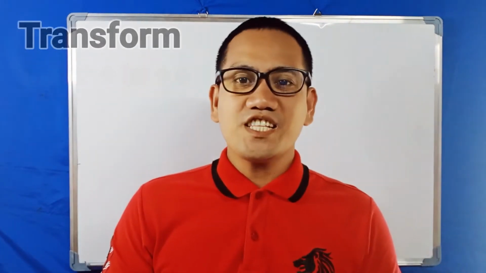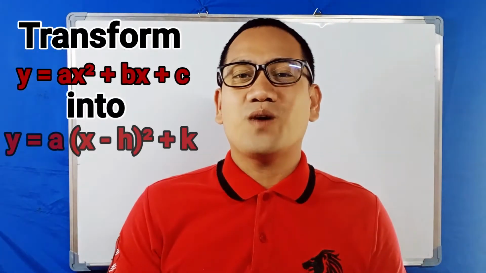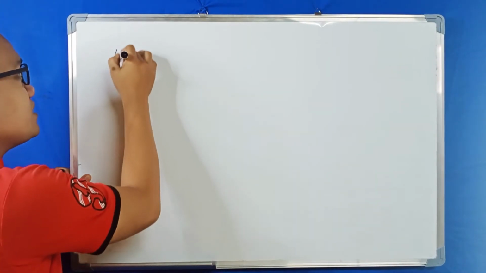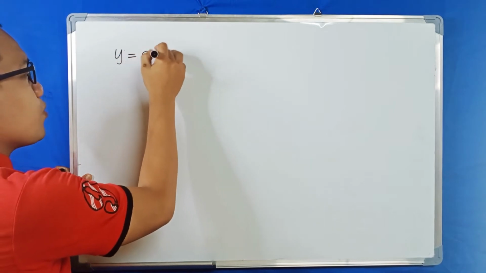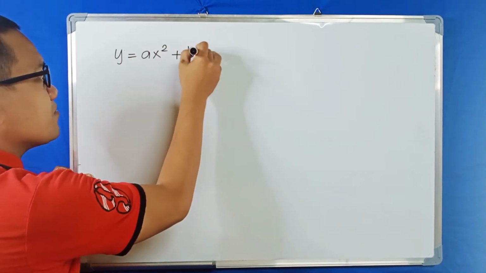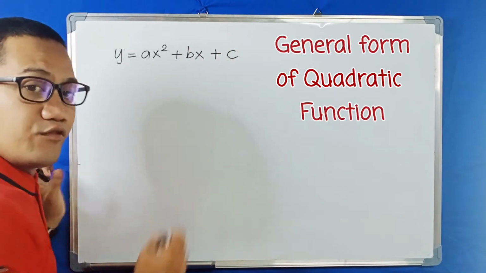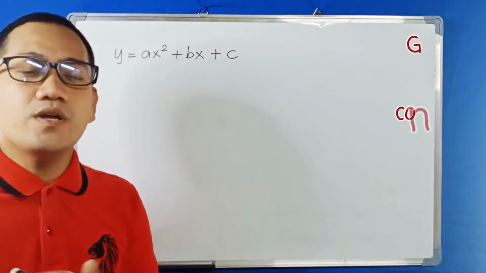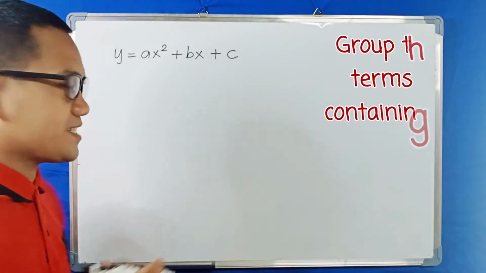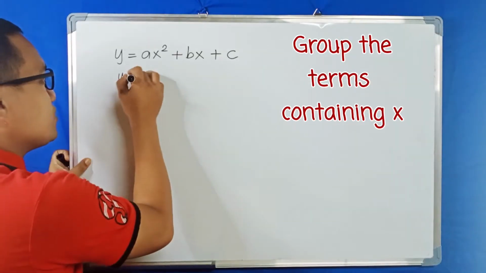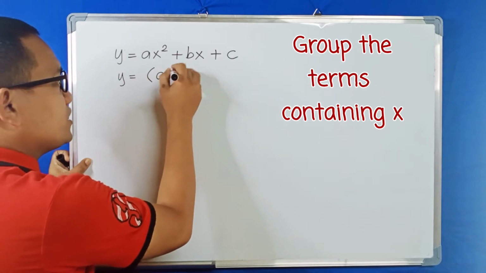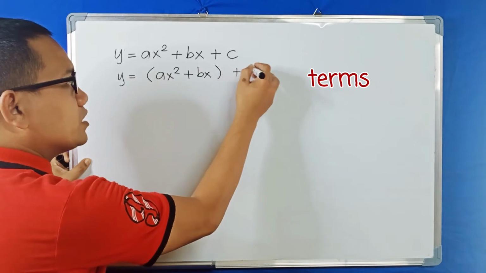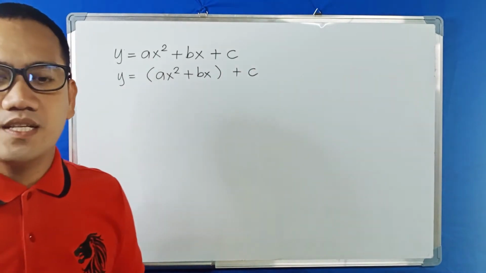First, let us transform the general form of a quadratic function into vertex form. So we have y = ax² + bx + c as the general form of a quadratic function. The first step is to group the terms containing x, that is y = (ax² + bx), then exclude the constant represented by c.